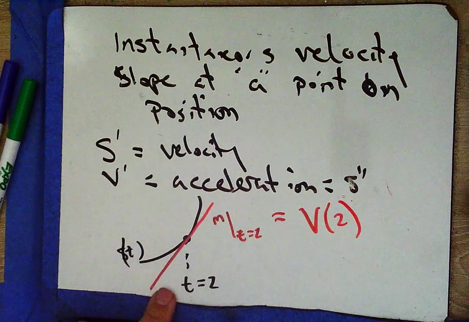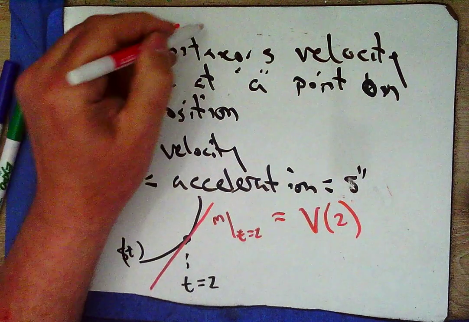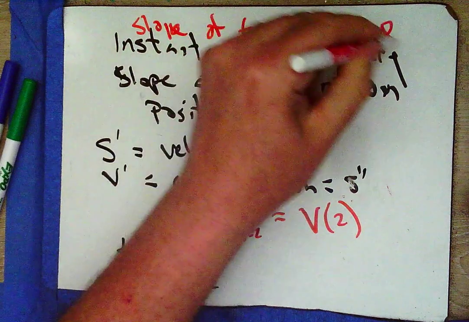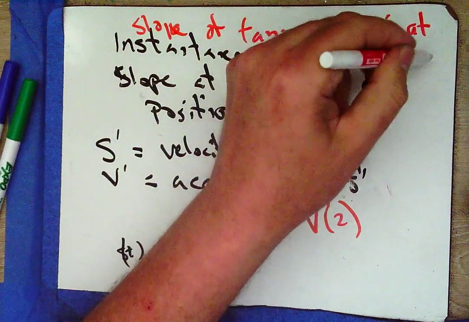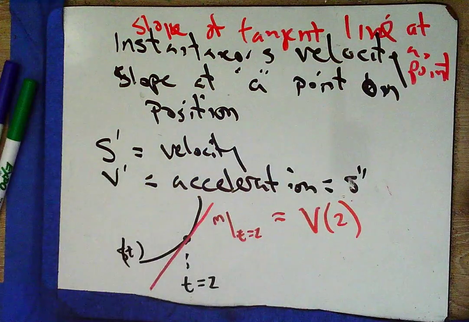So slope of the tangent line at a point is going to give you the instantaneous velocity.